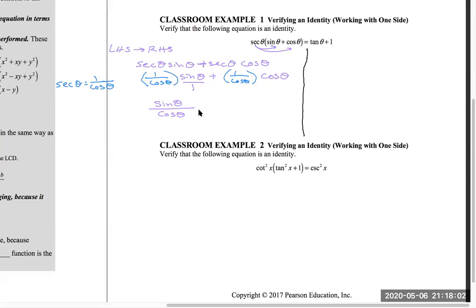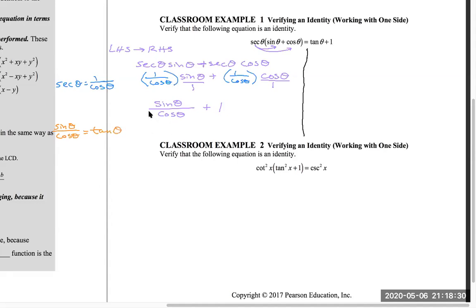Same thing for the second fraction here. You have 1 over cosine theta multiplied by cosine theta over 1. Multiply straight across, you get cosine theta over cosine theta, which is just 1. And then we know that sine theta over cosine theta is equal to tangent theta.